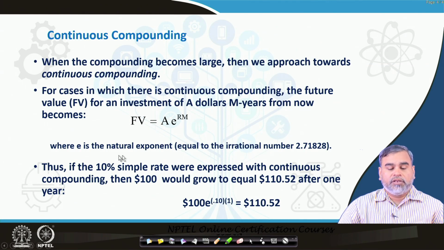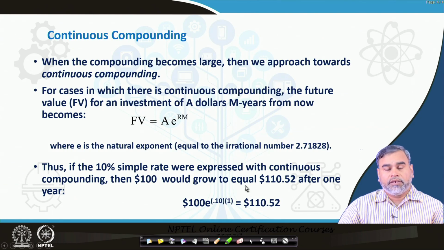Then e is the natural exponent, an irrational number whose value is close to 2.71828. So, if the 10% interest rate per annum is expressed in a continuous compounding way, it gives you 100 e to the power 0.1, and if the maturity period is 1 year, it will be 110.52.